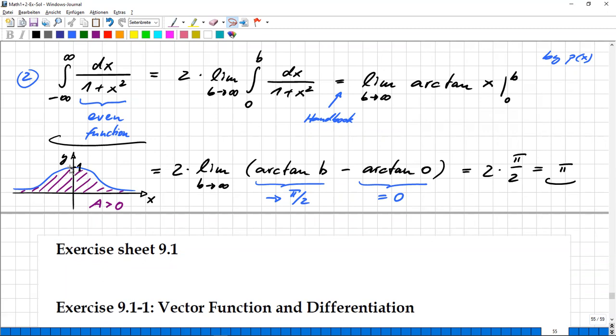And it's also quite easy to see that this is a proper rational function, which means, in this case, the numerator degree equals 0, the term is constant, while the denominator degree equals 2.